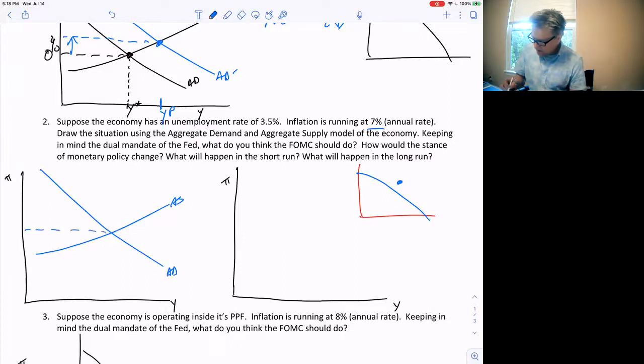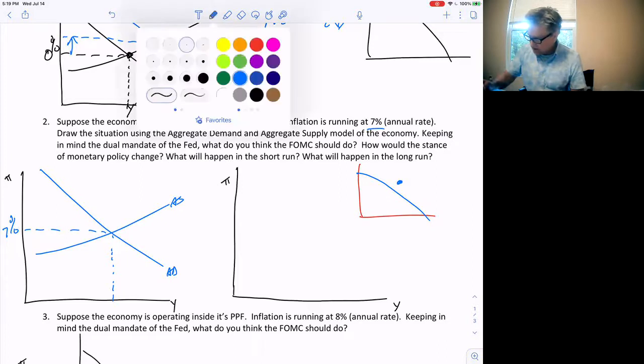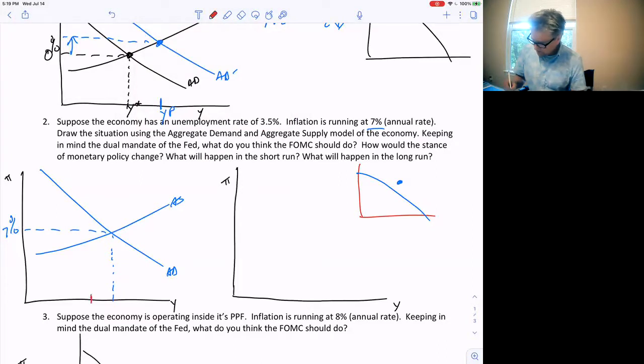And where they intersect is at 7% inflation. And where it intersects down here at real GDP, it's beyond potential. So that means the potential will be somewhere back a little bit, like right there.